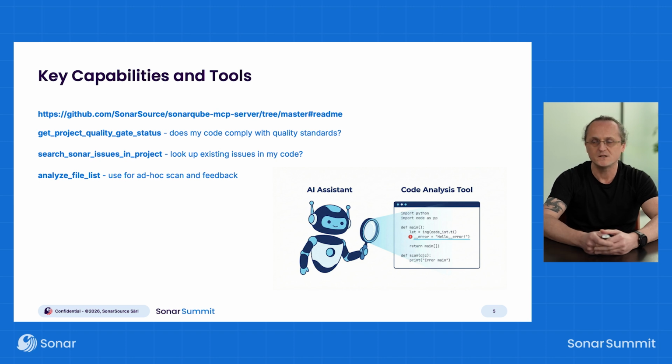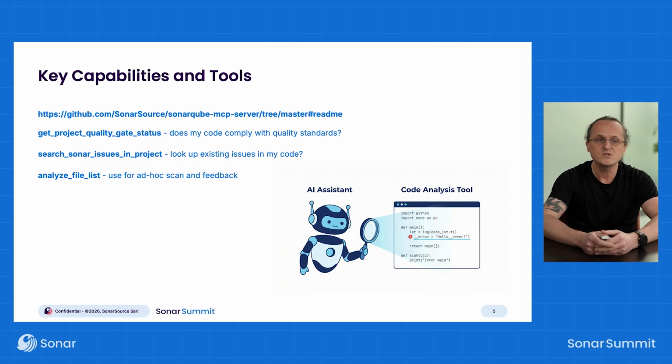The AI agent knows itself that it has to use this tool. Another one of the tools is search Sonar issues in project. This is where a developer works on their workstation, working on the code.